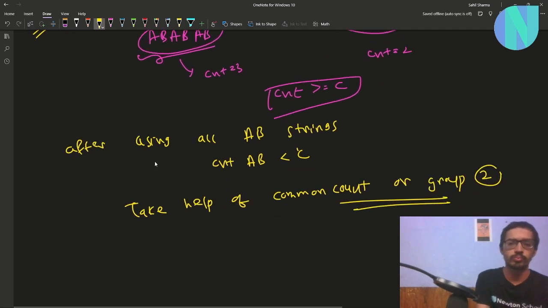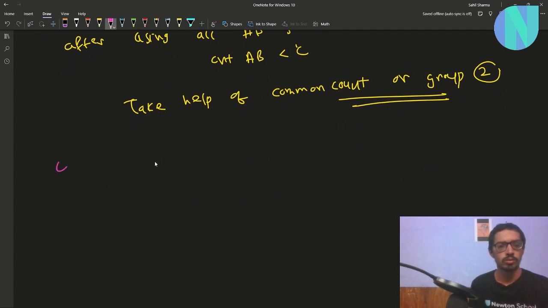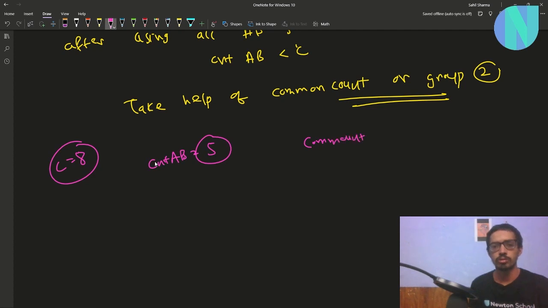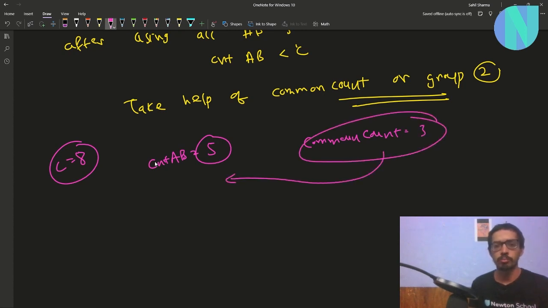So now my C is equal to 8 and my current count AB is equal to 5 and my common count was equal to 3. So now I will take help of my common count and I will take 3 from that. So now my count AB will become equal to 8 and my common count now will become equal to 0. So I have taken help from group 2 now, and now my count AB is greater than or equal to C. So now it's okay.